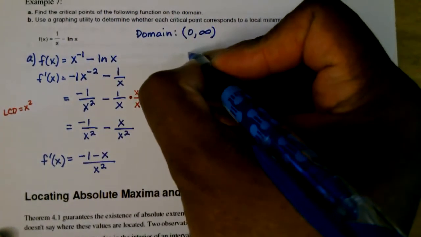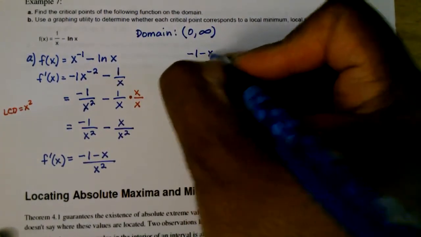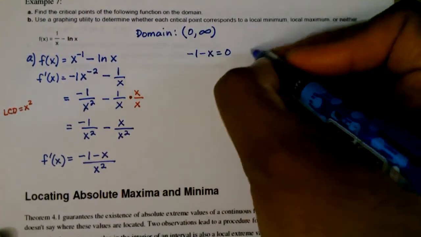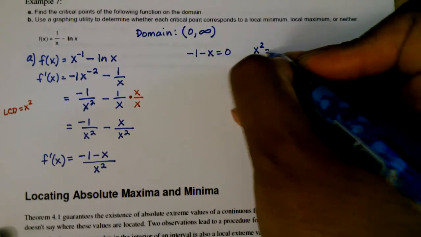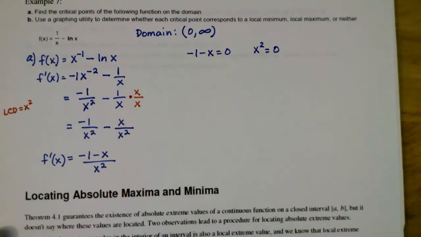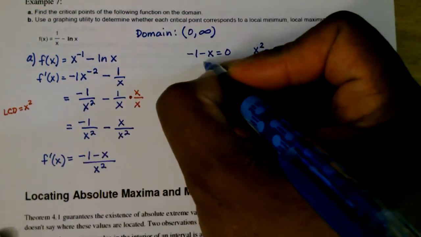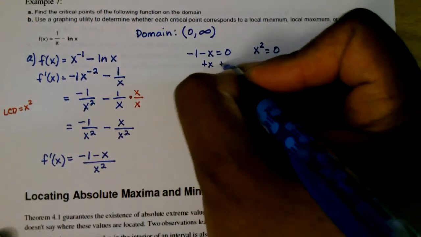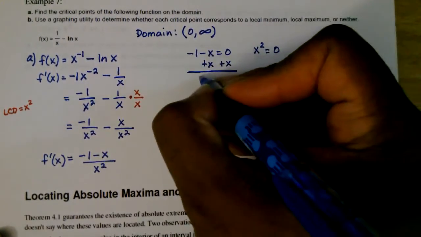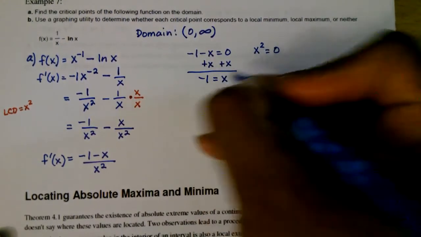Okay, so what we have to do there is set the numerator, which is negative 1 minus x, equal to 0, and set your denominator x squared equal to 0. So when we solve for x here, if I add x to both sides, I'm going to have negative 1 is equal to x.